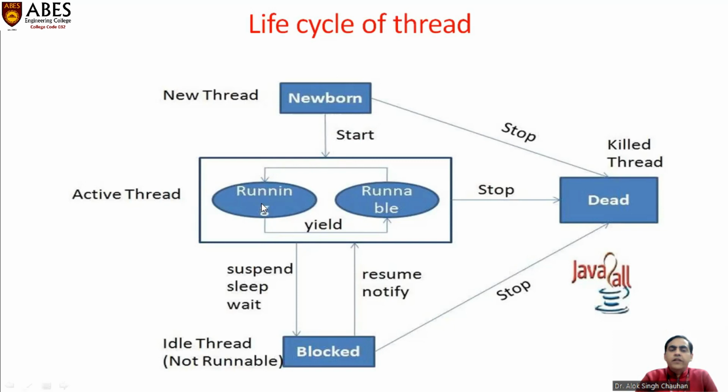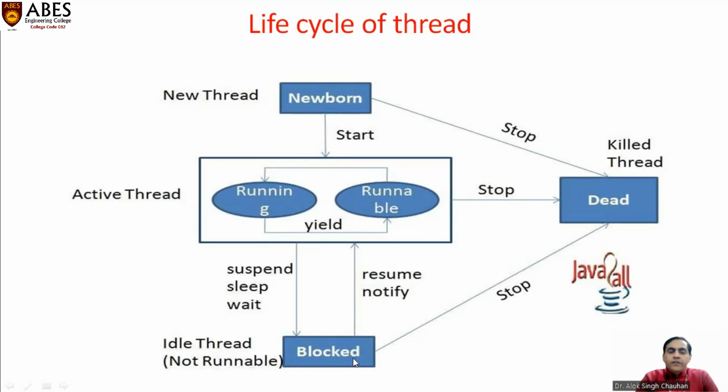Running state means the thread now gets the CPU to execute. In the running state, the thread is executing its task, and the rest of the threads wait in the runnable state in first come first serve order, that is, in queue form. If we want to stop any thread, that means we want to take control from the running thread, we can use the yield method. The yield method generally takes control from the running thread and puts it back into the runnable state, waiting in a queue form.